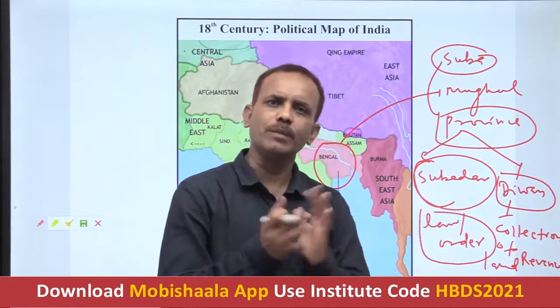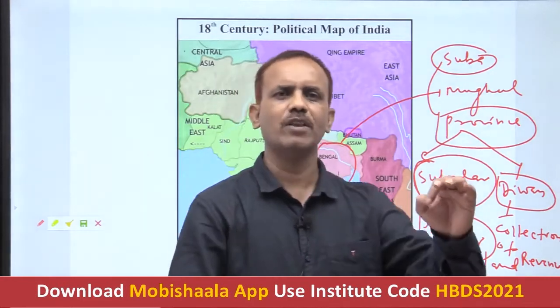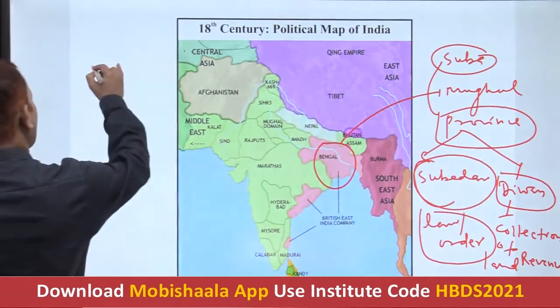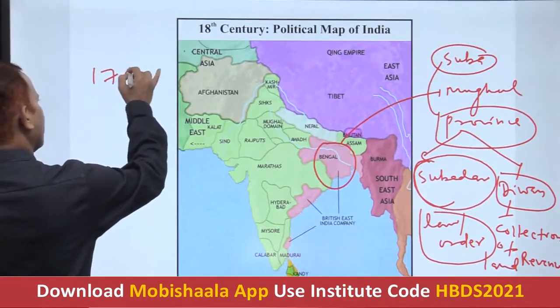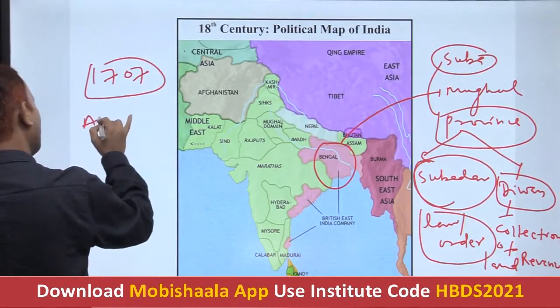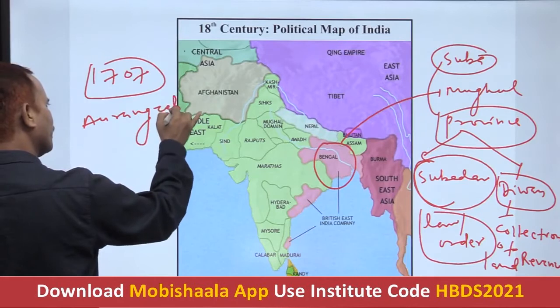Everything was going smoothly, before the death of Aurangzeb. In 1707, the last mighty Mughal emperor, Aurangzeb, was no more.